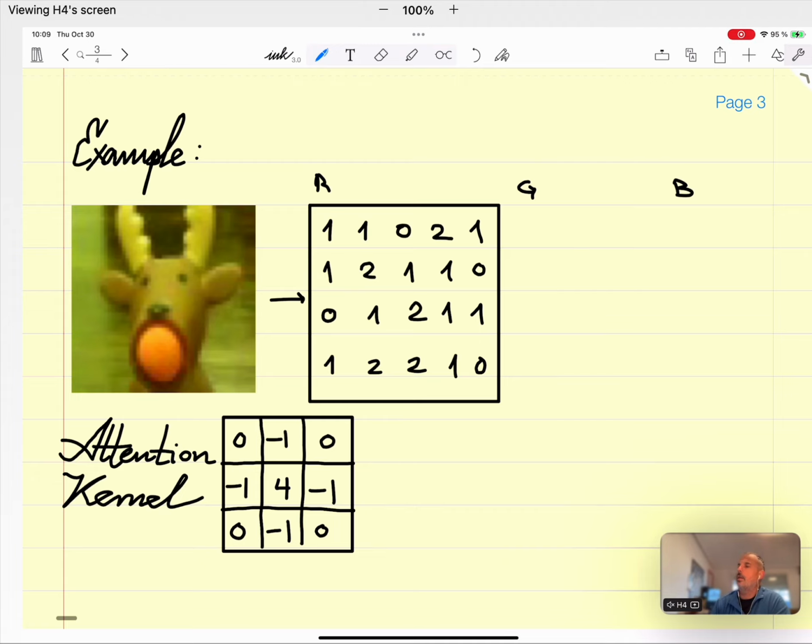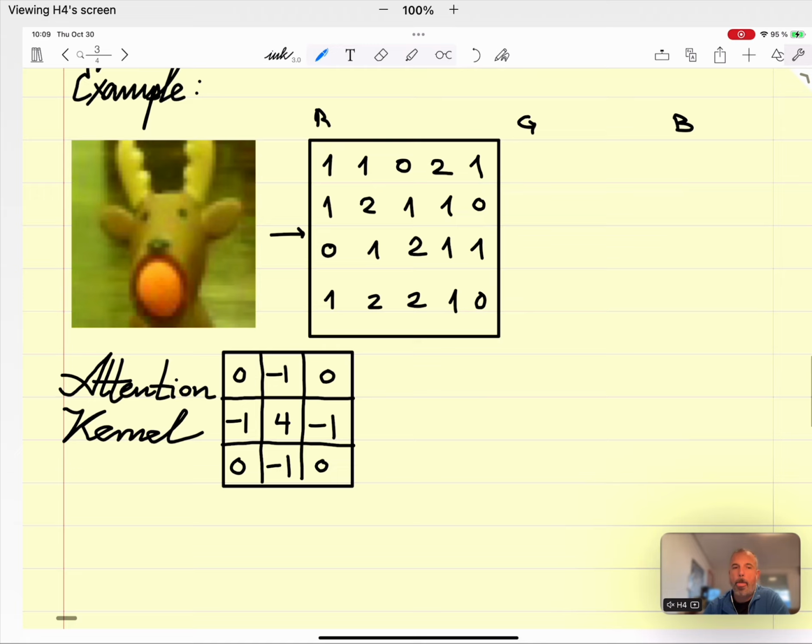Let's see how this works. We create a convolution, and we need to say what the step of the convolution is. We call this convolution step the stride. You'll see in a second what this means. So stride is going to be 1.